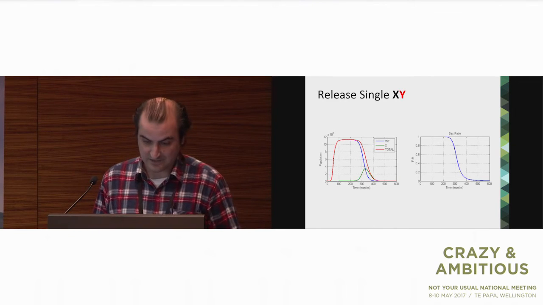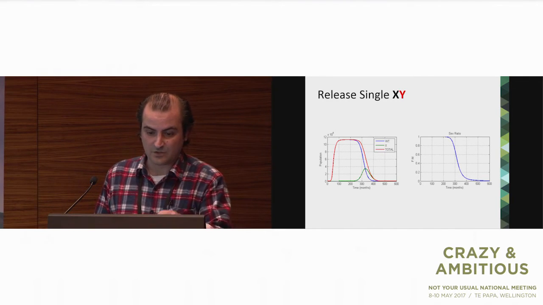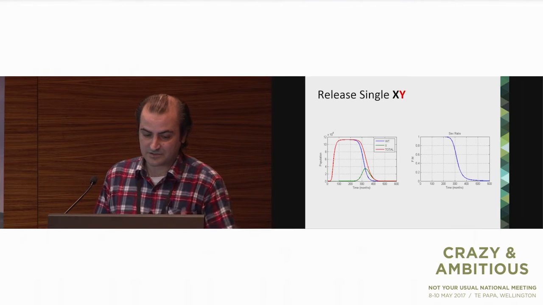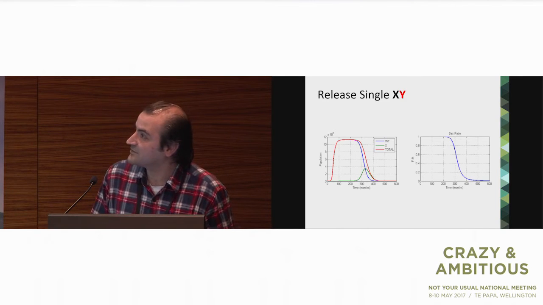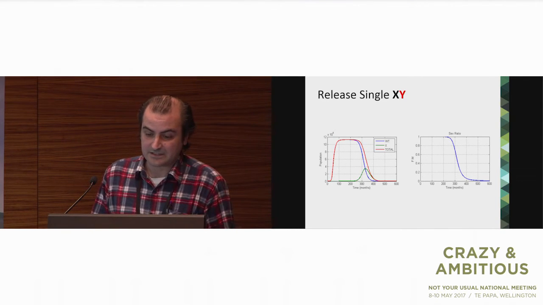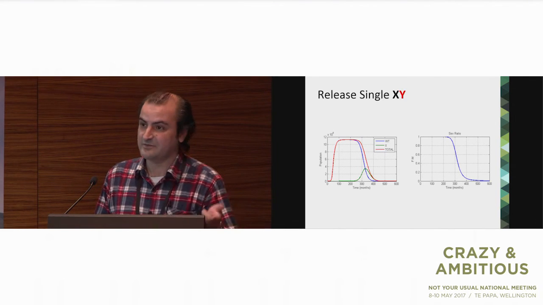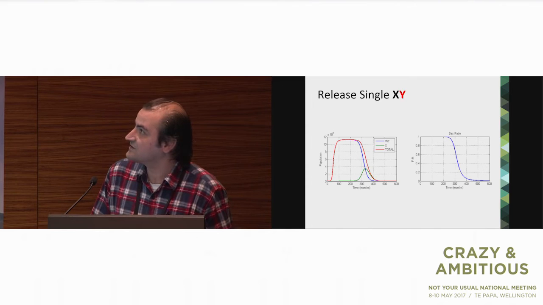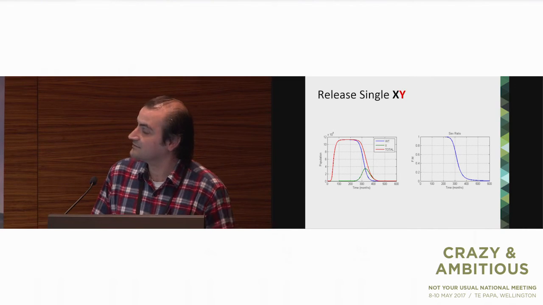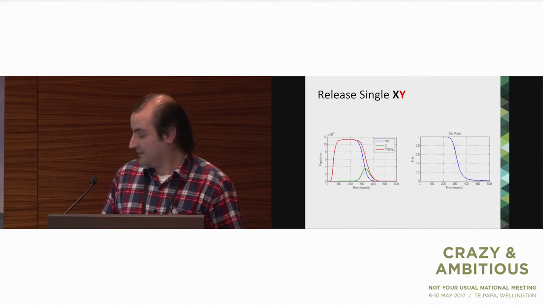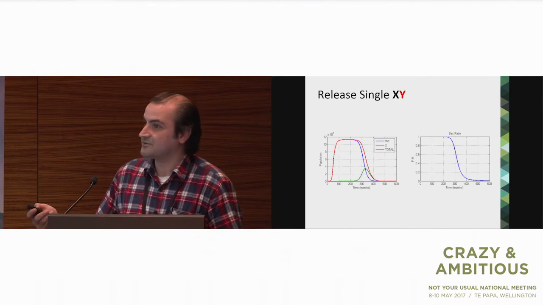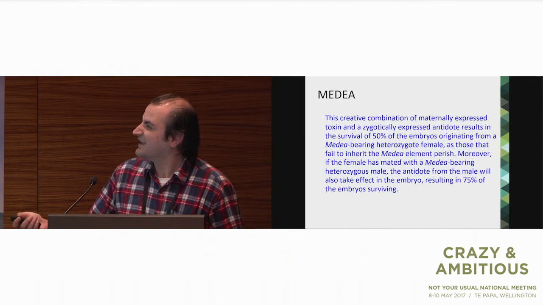Obviously, females don't have the Y chromosome. So one of these males, and the males grow slowly, and you see what happens. The population basically collapses, and the plot on the right is the female to male ratio, which starts at 1:1 in the beginning and goes to 0. So in theory, it works.